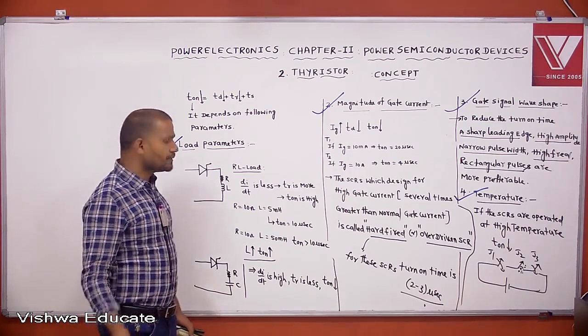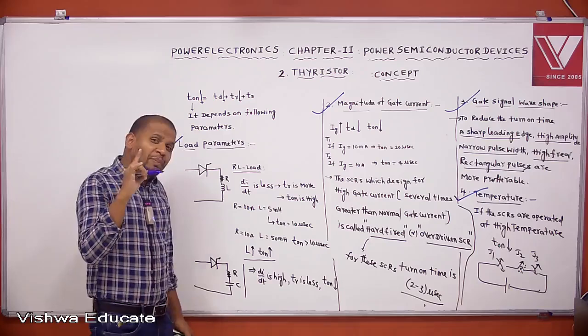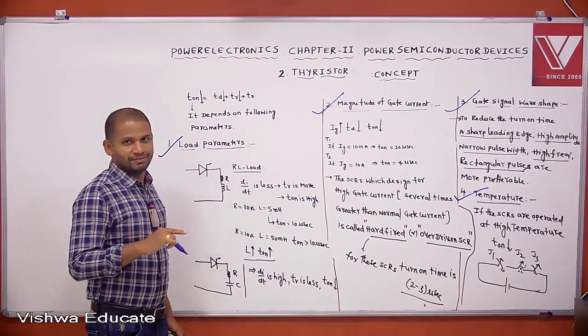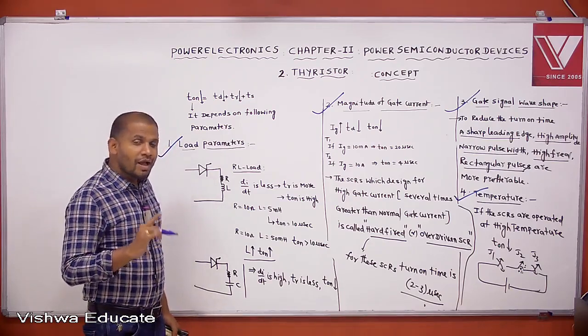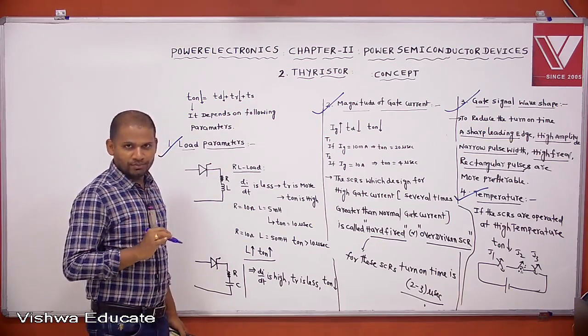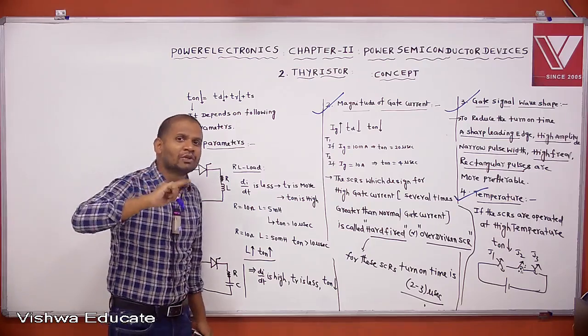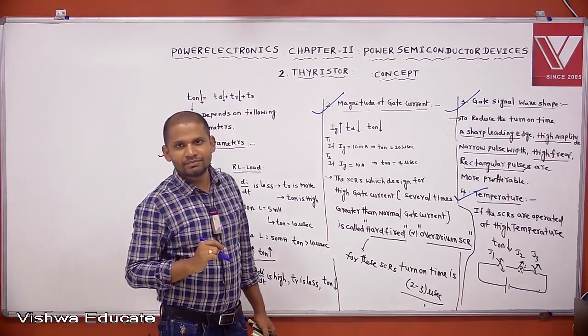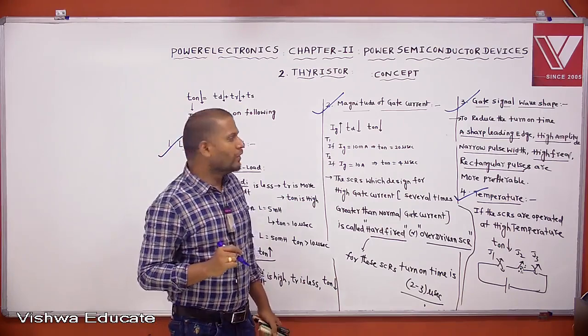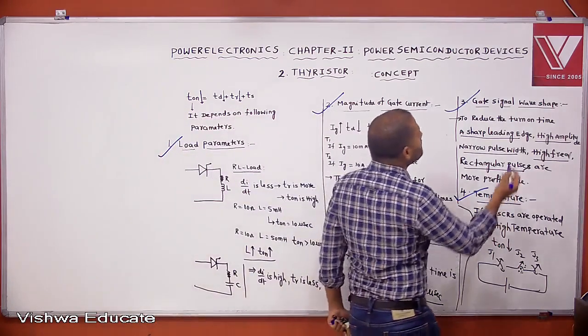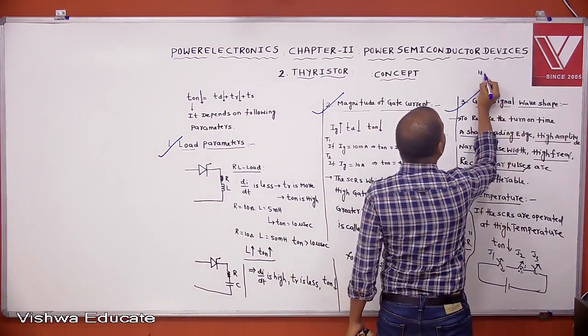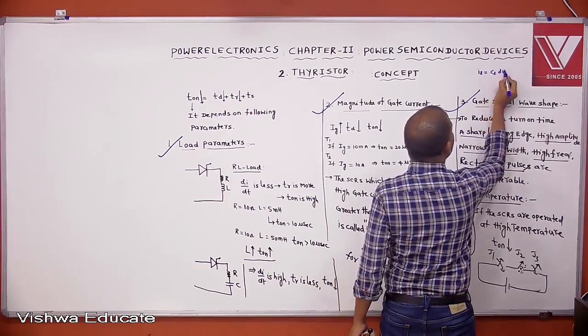But it also depends on junction capacitance. We know that under forward blocking mode, the SCR is equivalent to a capacitance. We know that I2 equals C2 into dV by dt.